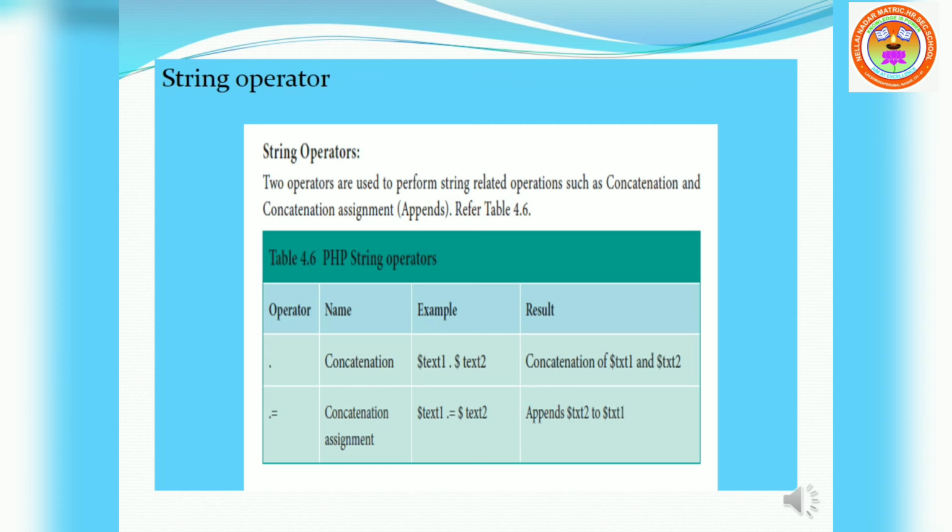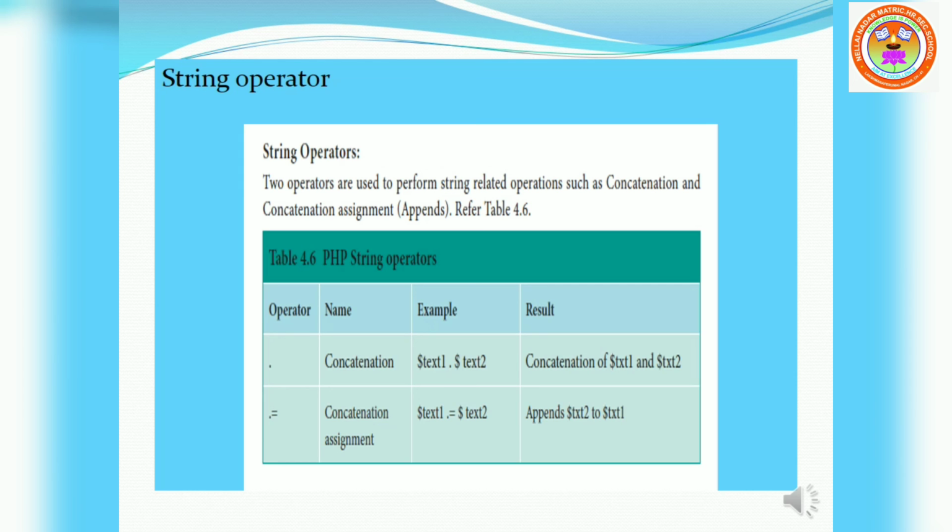Next, finally, string operators. Two operators are used to perform string related operations such as concatenation. Whenever you want to combine two strings, you need one operator. For example, computer, application. How will you combine two strings? Computer is one string.